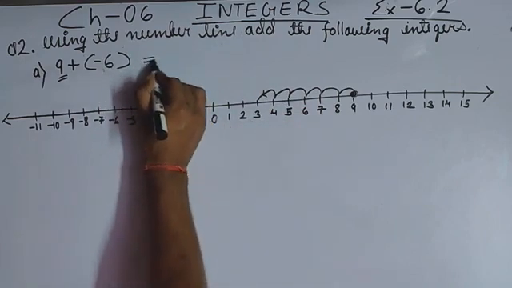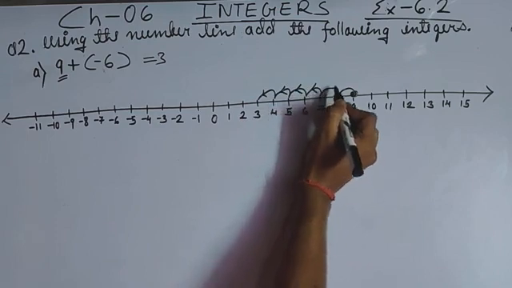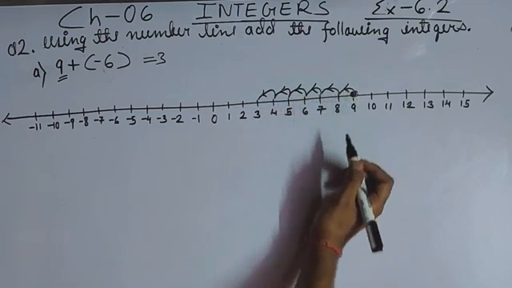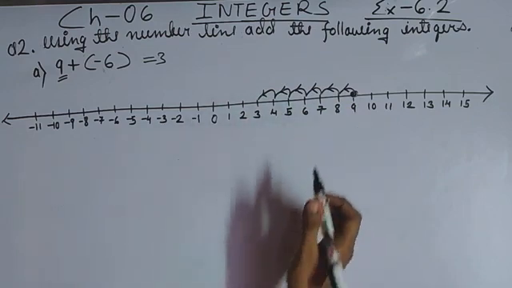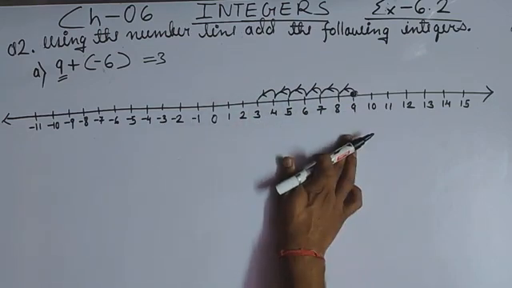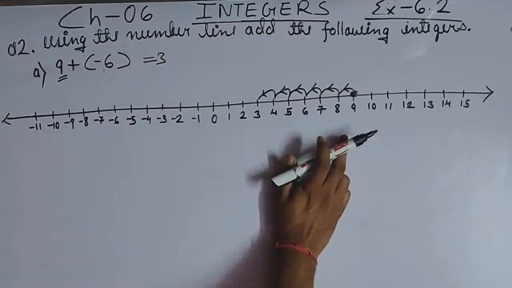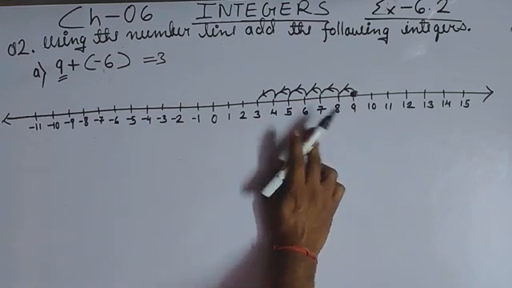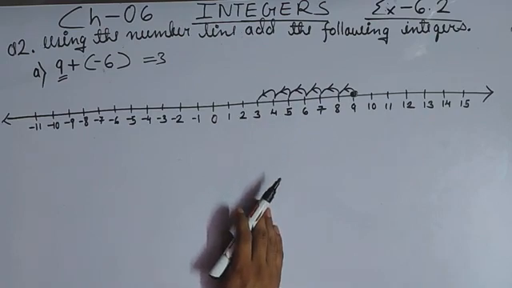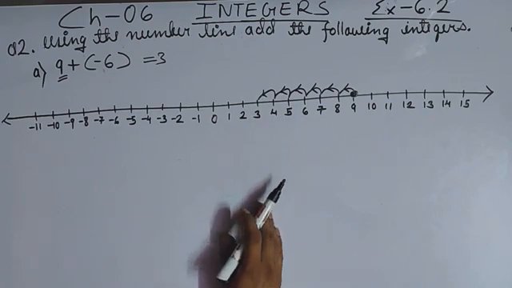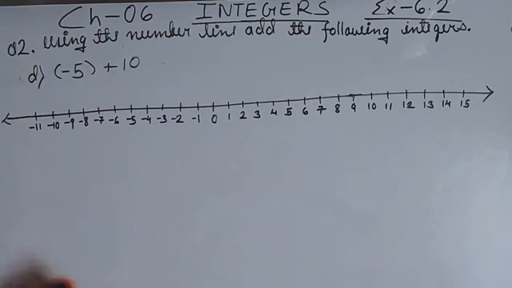So our answer will be 3. And don't forget to mention the arrows. If you are not writing the arrows, you will not get any marks. So mention the arrows in which direction you are moving. So this is the solution for your first part, that is 9 plus minus 6 equals 3. Now we will move to the next part of exercise 6.2, question number 2. Now this is the D part of your question number 2.